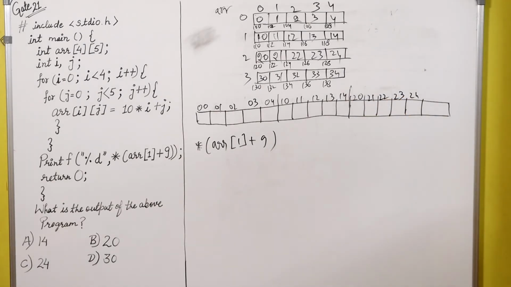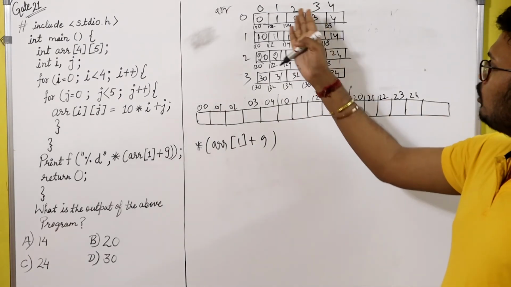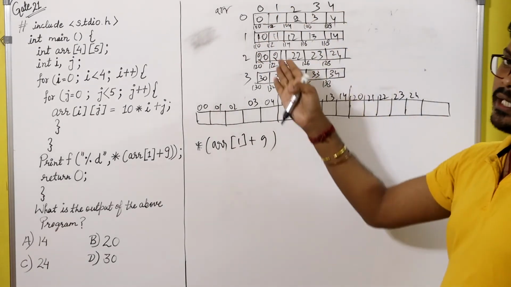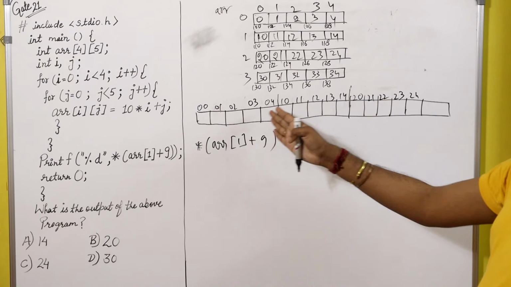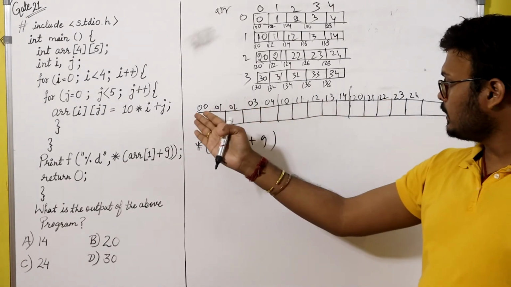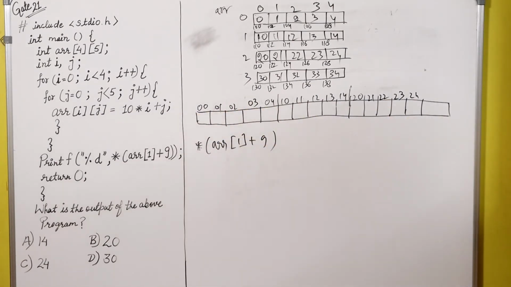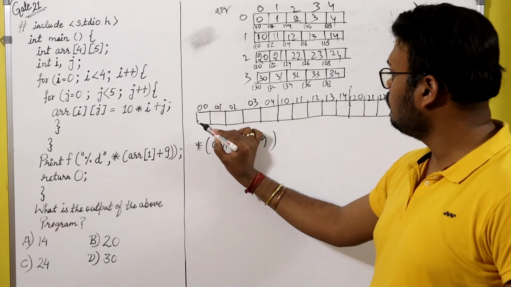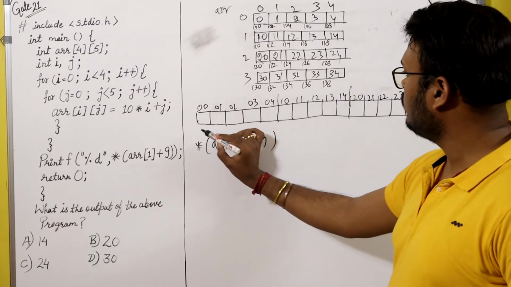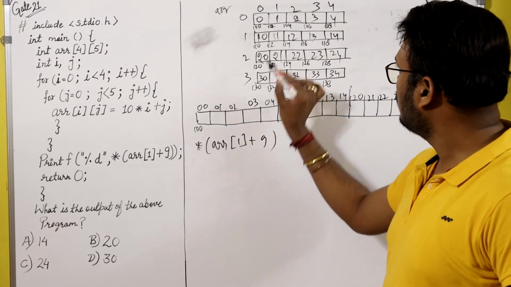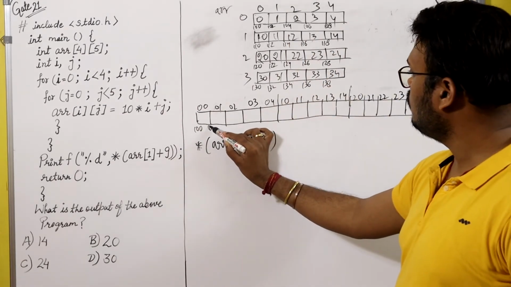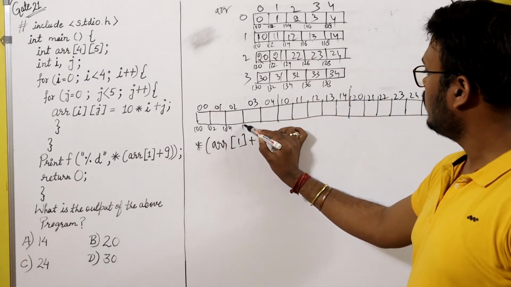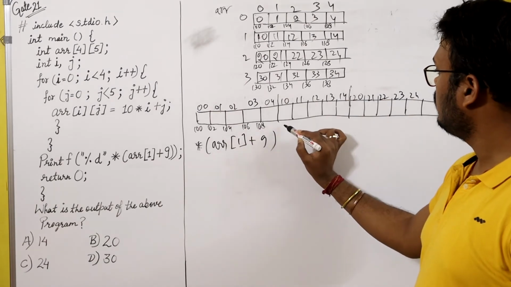What I told you is that the logical representation of this 2D array is like this, but in the main memory it will be just like this, contiguous blocks. And the address of this will be 100. Just write down this address: 102, then 104, 106, 108.